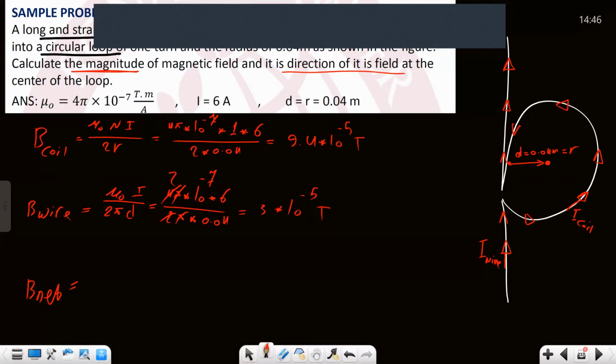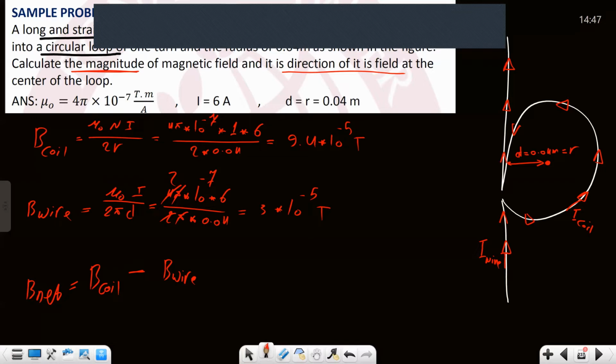And I have to say that B coil, B wire. So, am I supposed to add it or subtract it? I will follow the direction. In that case, we need the direction. Guys, look, if we want to find the direction of the straight wire, what should we do?